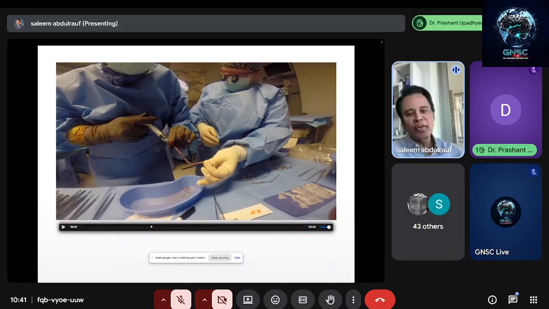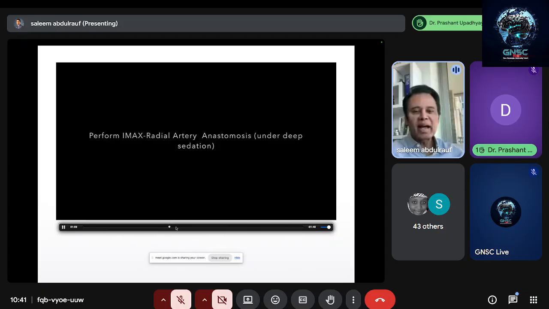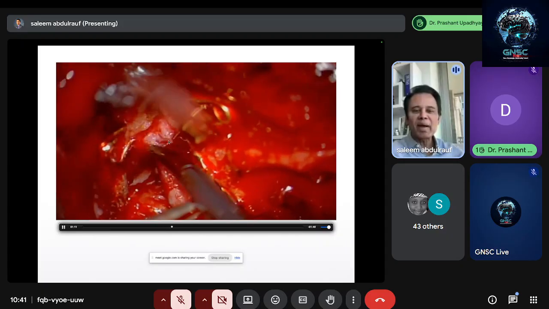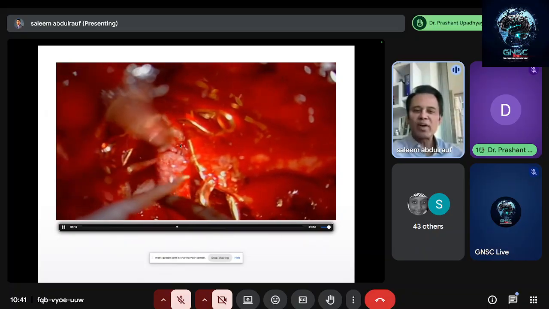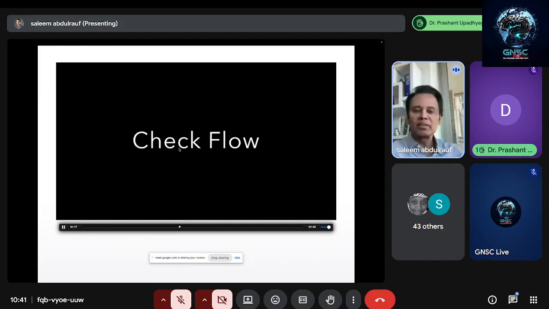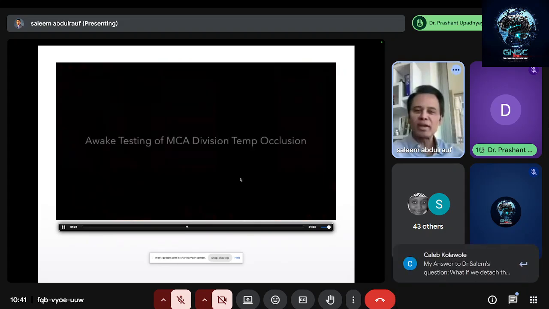We believe that's your friend, the radial artery, right there, okay? Now I'm going to attach the radial artery to the maxillary artery that I showed you in that paper, right? How we find the maxillary artery through the craniotomy, and I attach it, okay? You see? Nice flow. I'm very happy now, okay?